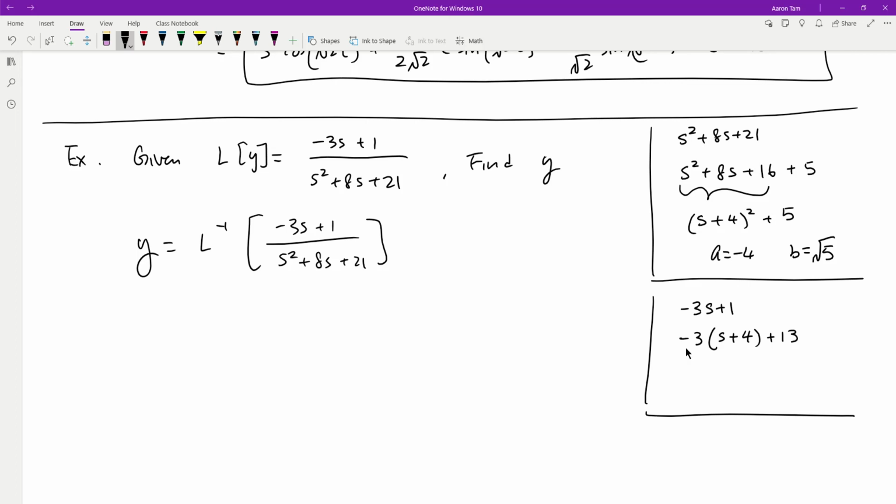So notice that -3 times s plus 4, plus 13 would give me the same thing as -3s plus 1. Okay, so it's a little tricky to think backward to get that to work. So therefore, this is actually equal to the Laplace transform inverse of -3 times s plus 4, plus 13, over s plus 4 squared plus 5.